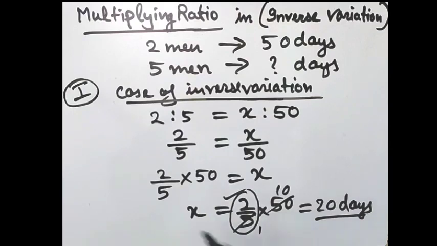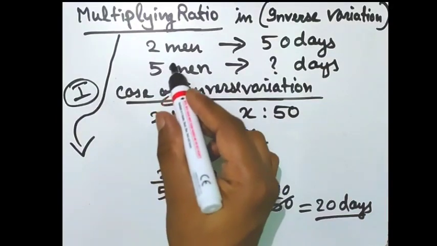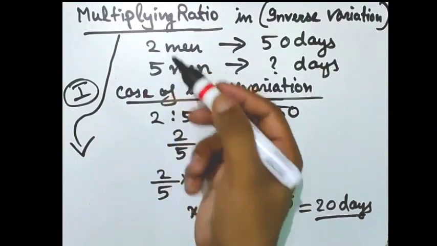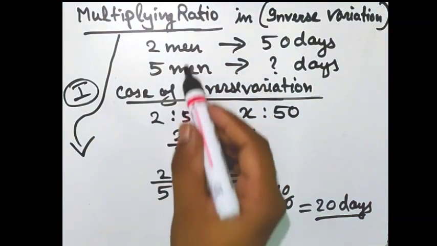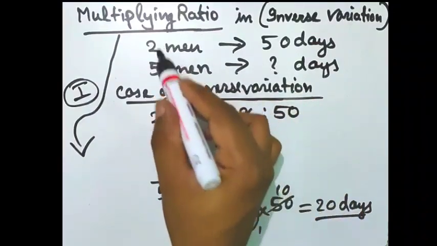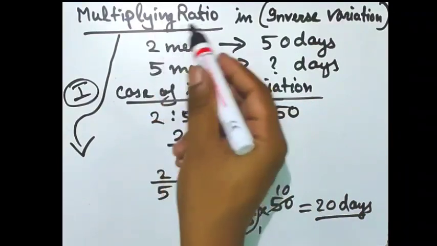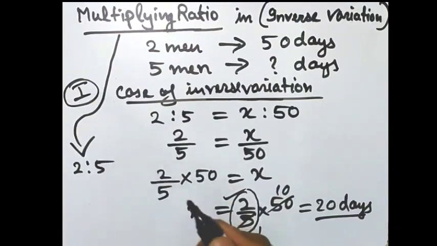Clear? So what is the multiplying ratio now? The multiplying ratio will be the ratio of the two values of the given quantity. So here the two values of the given quantity are of men. This is not given, so what will be the multiplying ratio? It will be the same, 2:5.